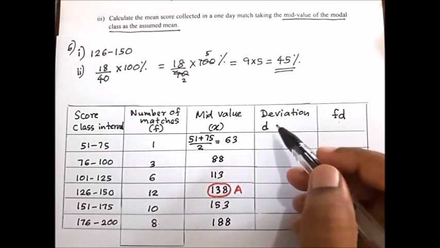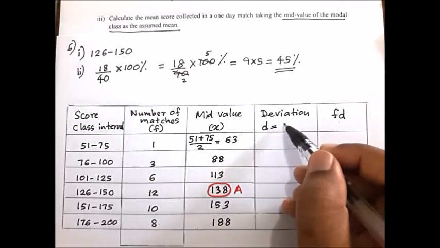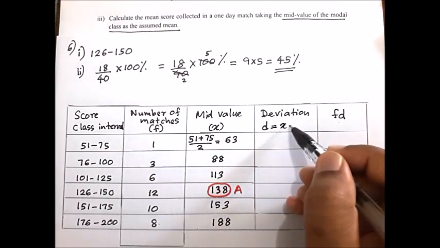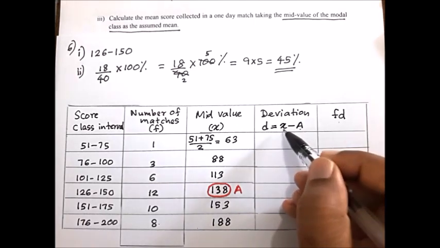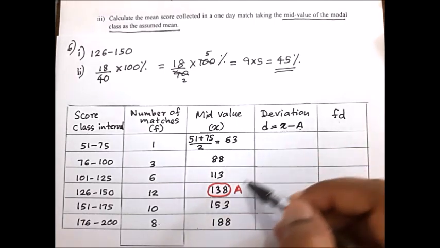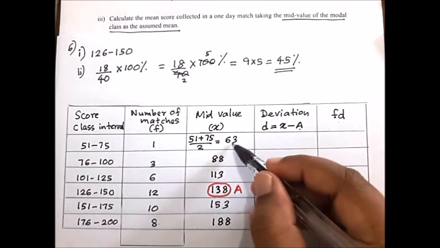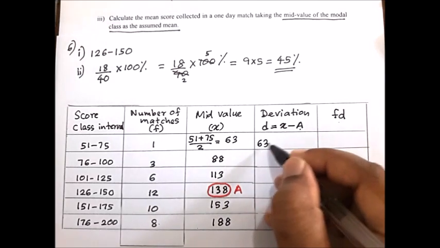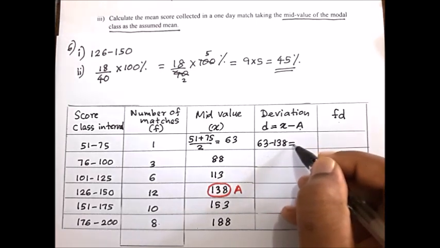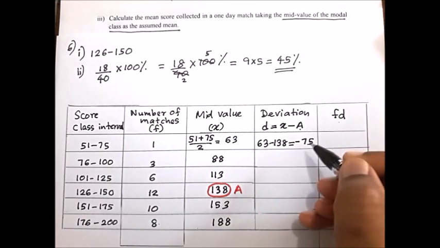Now fill the column deviation. It is equal to x minus c, subtracting the assumed mean from the mid-value. The assumed mean is 138. Here the mid-value is 63. 63 minus 138. The value is minus 75.